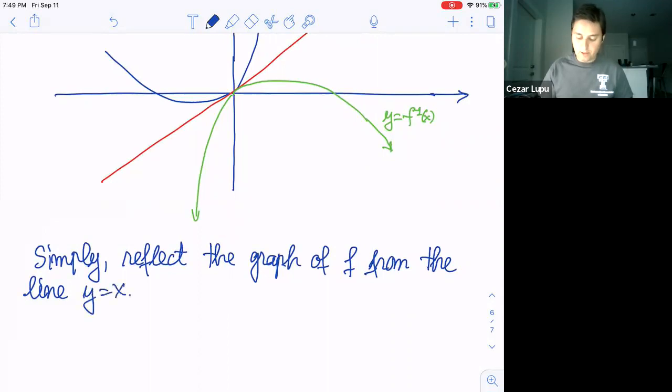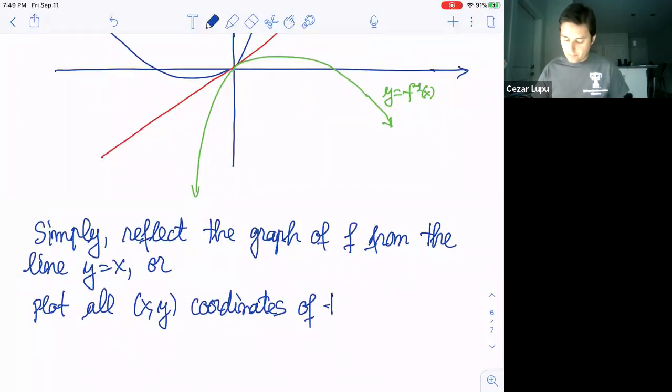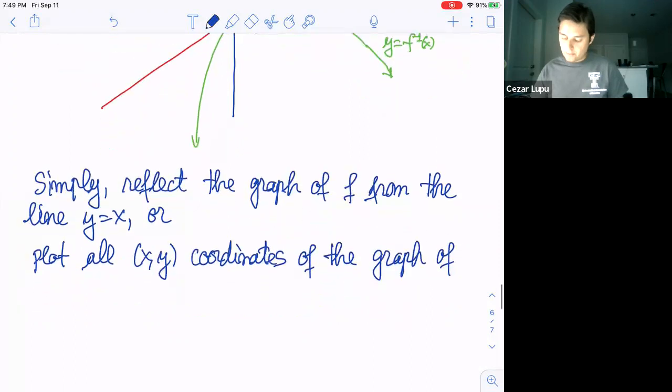We just reflect it, or if you want, plot all these points xy, which are the coordinates of the graph of f, as y-x coordinates.